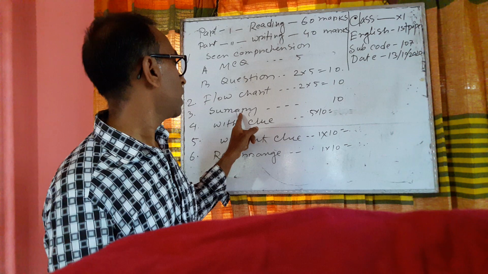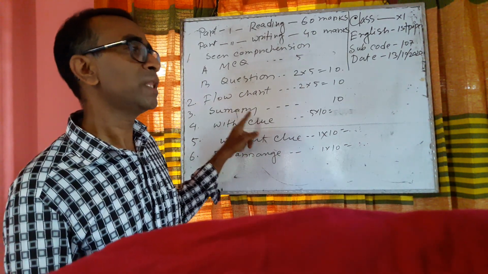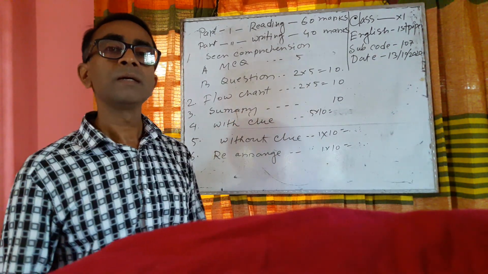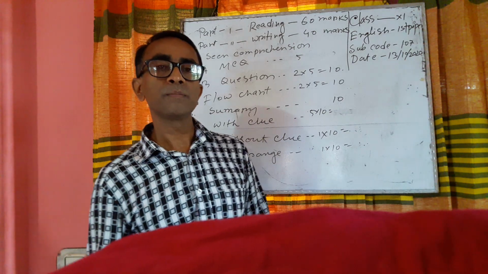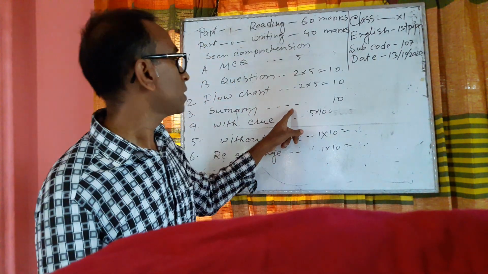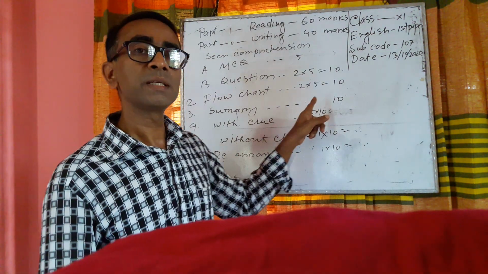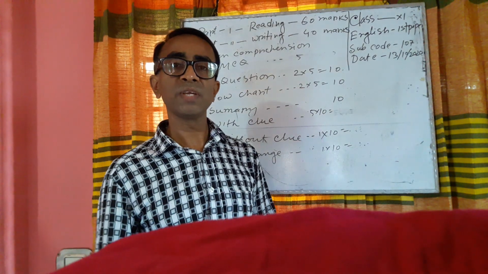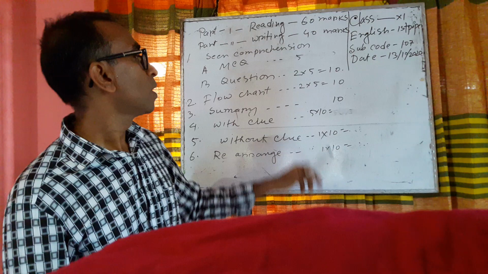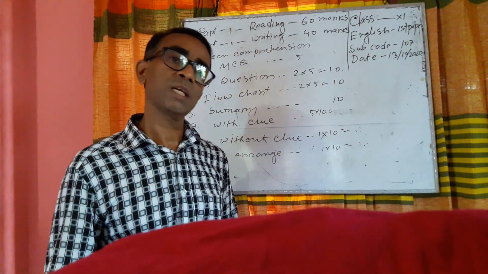In the box there will be more than 10 words, and you have to fill the gaps taking words from the box. The structure or the meaning of the word can be changed. It will be written that you can change the grammatical form if necessary. So to get 5 marks from this item, you have to develop the structure of the English language.